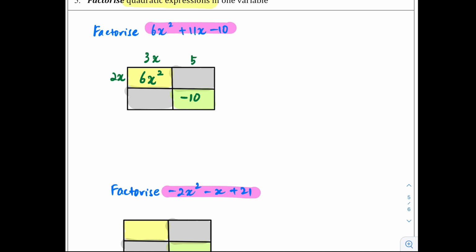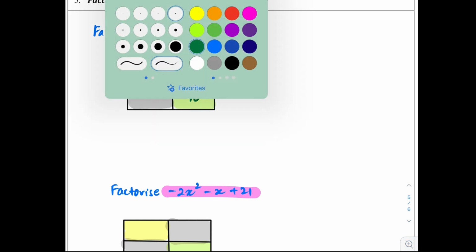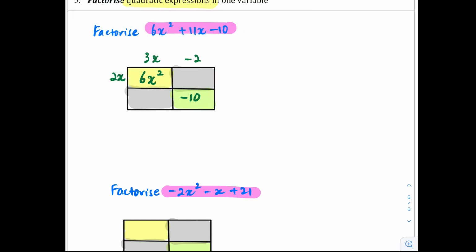Maybe we can switch the 5 and negative 2 around, and let's put negative 2 over here and 5 over here. If we switch the positions, let's see what we get in our gray boxes. We have 2x times negative 2, which gives me negative 4x, and we have 5 times 3x, which gives 15x.